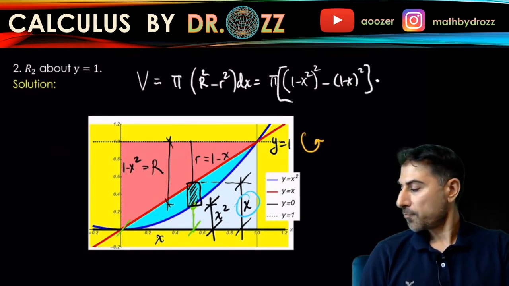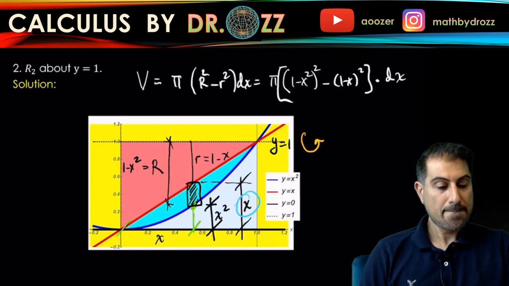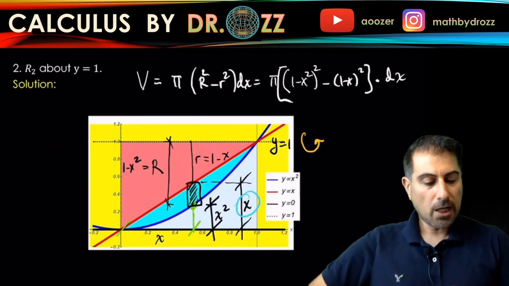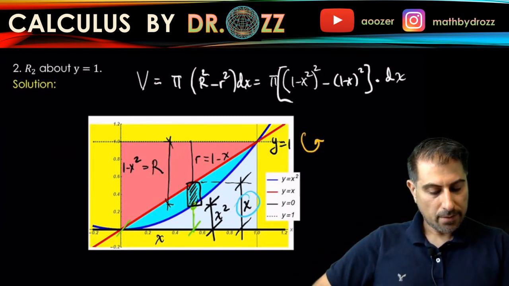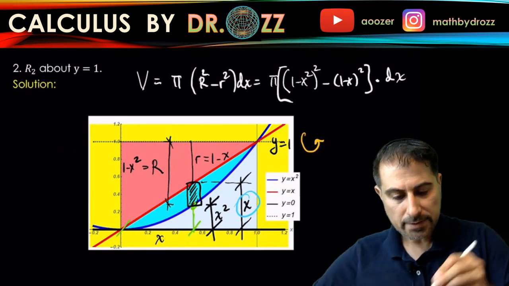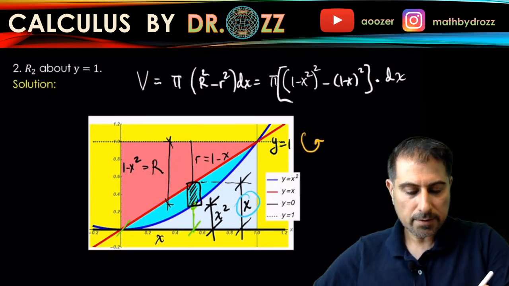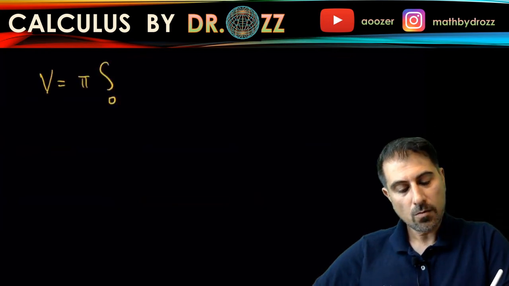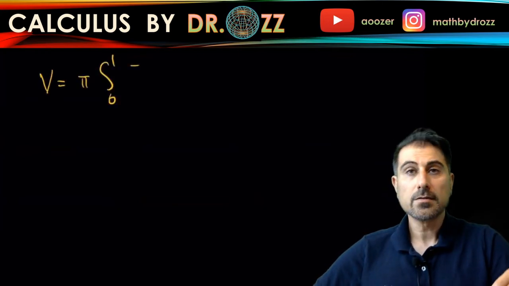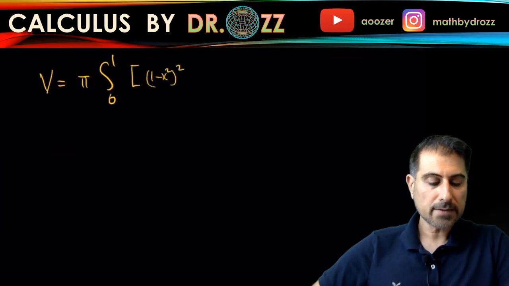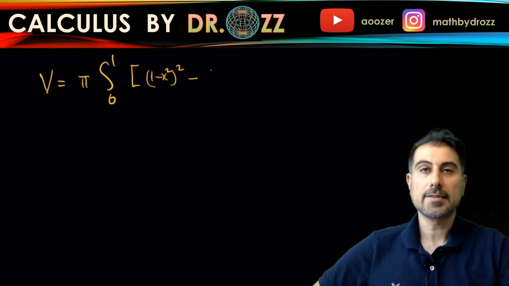Okay? All right, if this part is clear, let's move on and write down the volume integral. And just for your reference, all the x's in the green region range between 0 and 1. So I'm going to write down the volume integral as pi integral from 0 to 1 of (1 minus x squared) squared minus (1 minus x) squared dx.